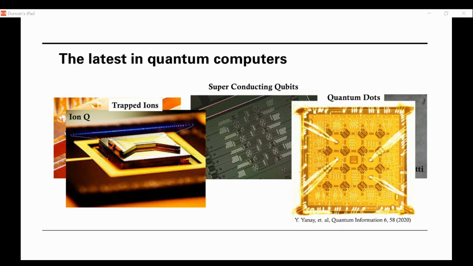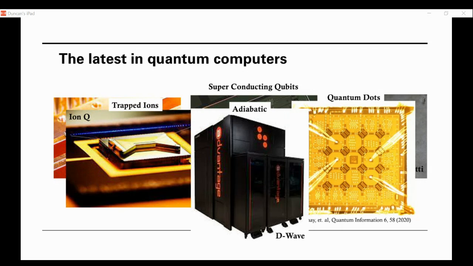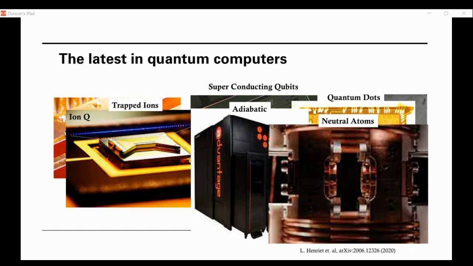Other types of things: another industry company, IonQ, has some of these systems with trapped ions. You've also got D-Wave with this adiabatic quantum computing. Like I said, they have lots of qubits, but it's only for specific types of problems that they can solve. And then there are neutral atoms.